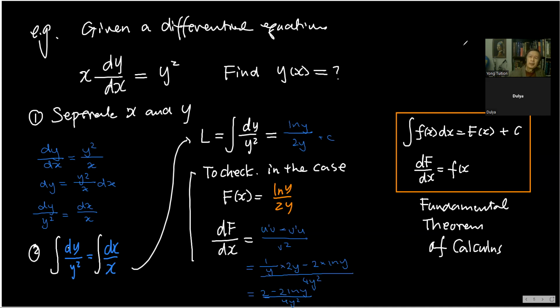Good. Okay. If that's the case, this doesn't equal to 1 over y squared, unfortunately. Therefore, f(x) in this case should not equal to your result. Can you see? So this is wrong.